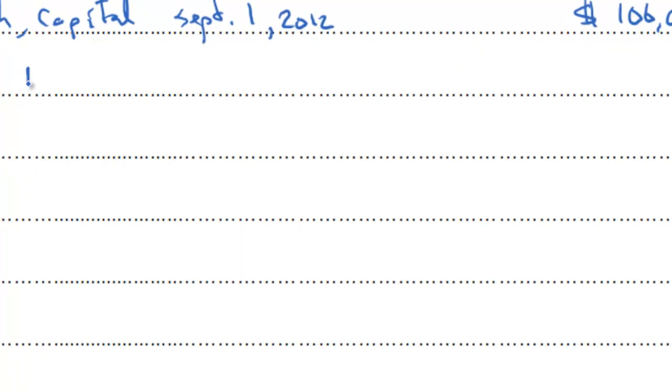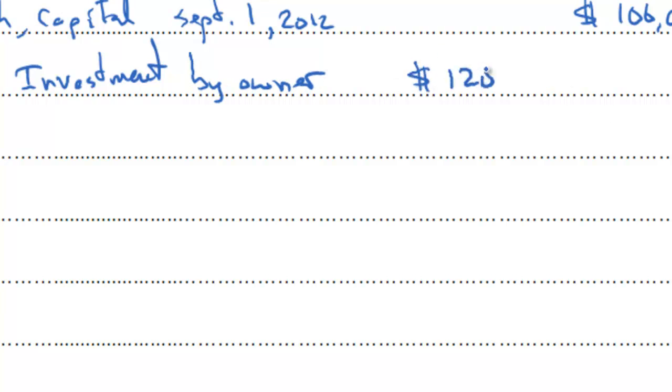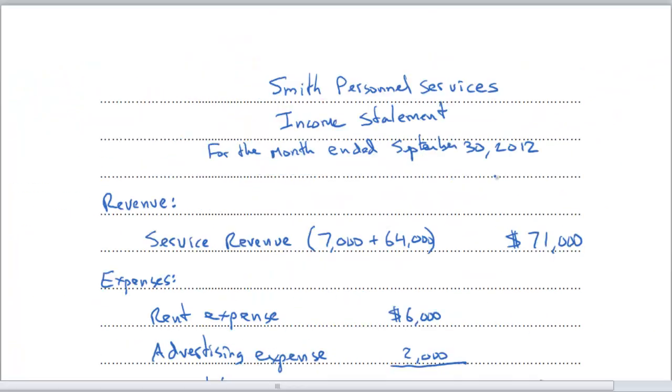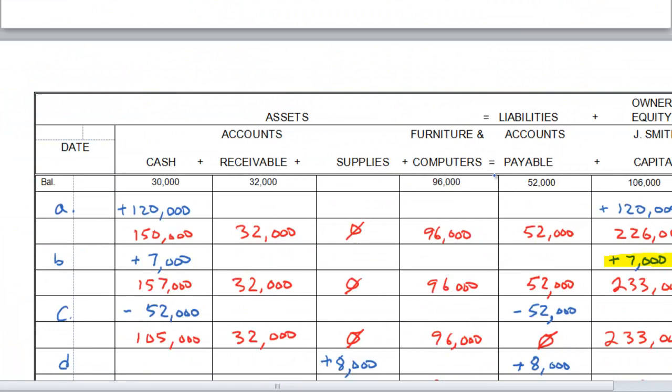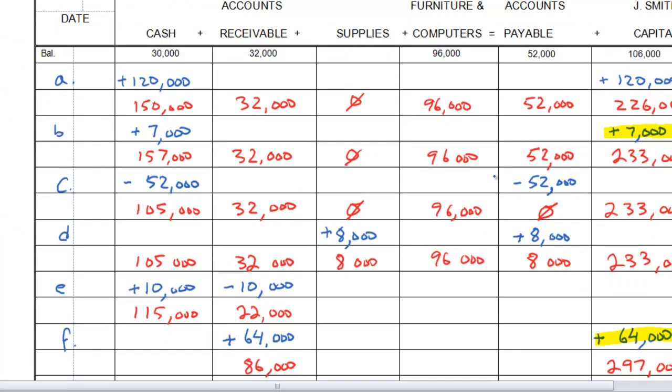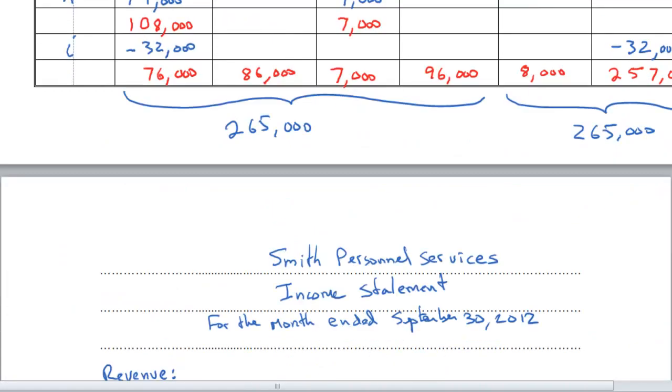So we had an investment by owner of $120,000, right? So if we scroll back up, we can find that right here, transaction A, plunked in some cash, but look, J. Smith Capital went up by $120,000, and that's where that is coming from.